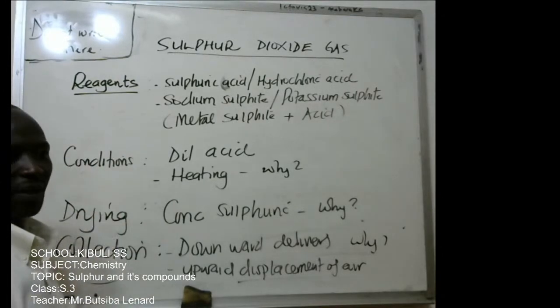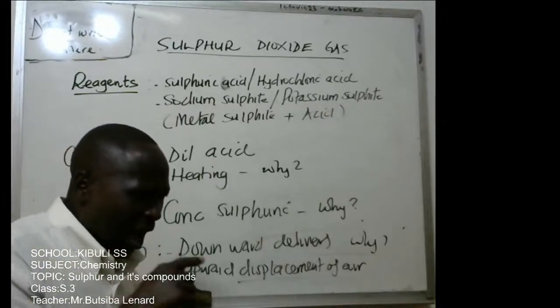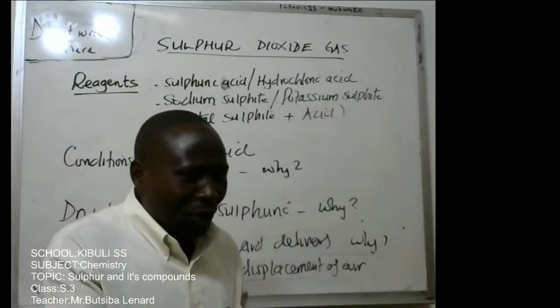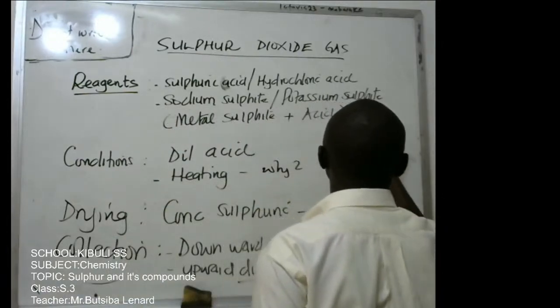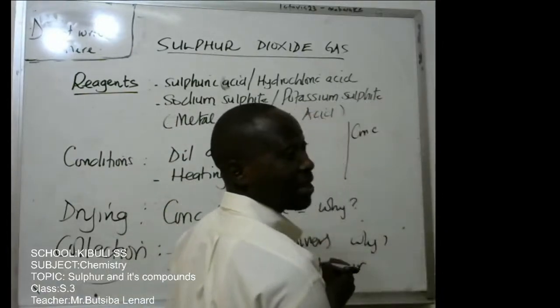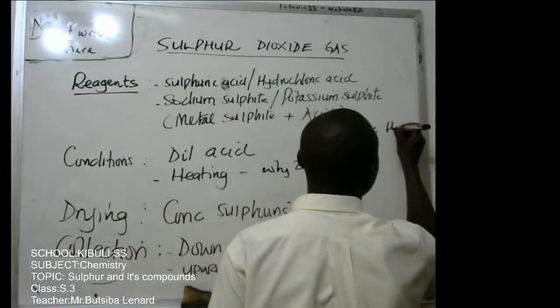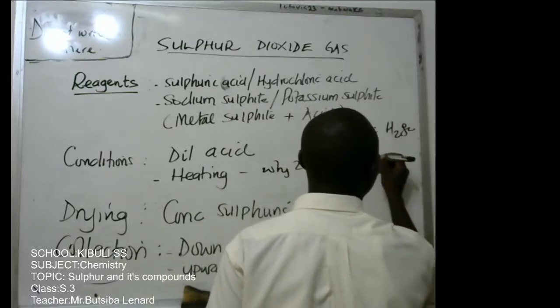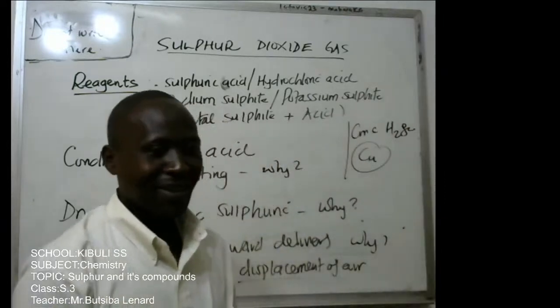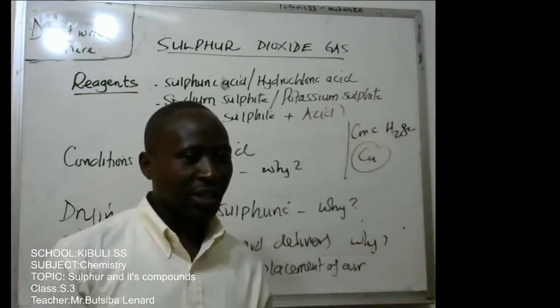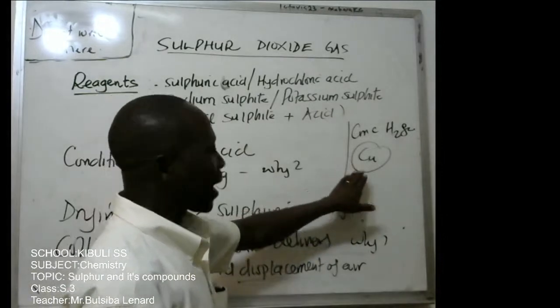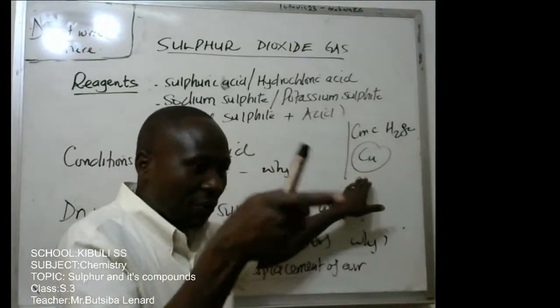Now, we have certain content on the website, and that's why one of the students quickly said the concentrated sulfuric acid, and I knew the next thing she was going to say was, let us add what? Copper. Thank you so much. This reaction can give us sulfur what?